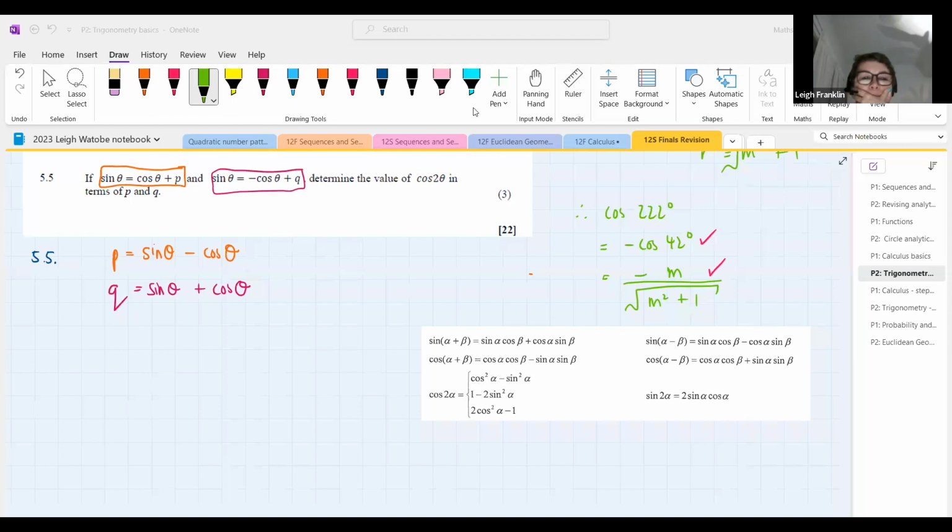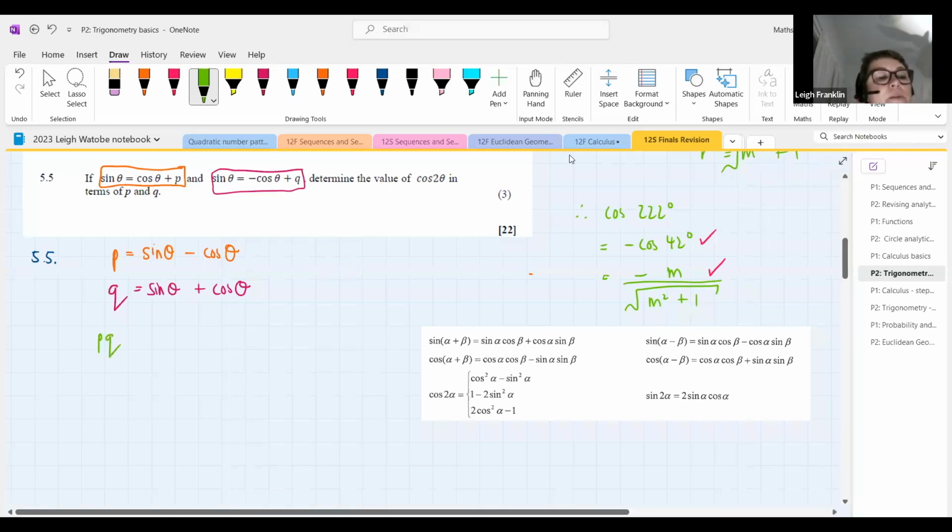Okay. So maybe Linda, you're happy to share that with us. I would love to know what your thinking on this was. But can you see that if you multiply P and Q together, you get difference of two squares? Can the rest of you see that?